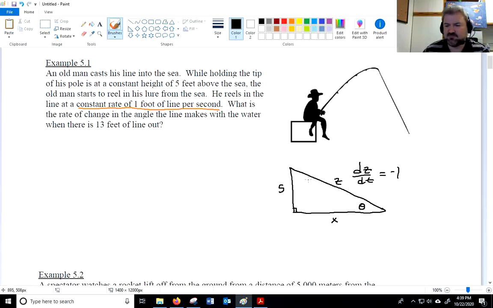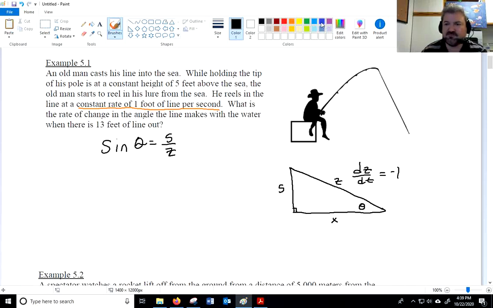So we need to think of a ratio from sine, cosine, tangent, secant, cosecant, cotangent that involves 5 and z in relation to theta. Well, 5 is the opposite leg, and z is the hypotenuse. And so hopefully you remember that from SOHCAHTOA: sine is opposite over hypotenuse. Now, I hope I didn't confuse you there with the word SOHCAHTOA.